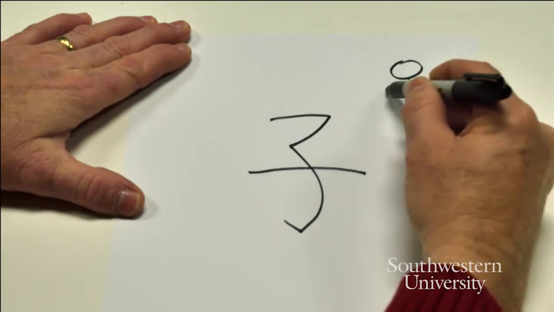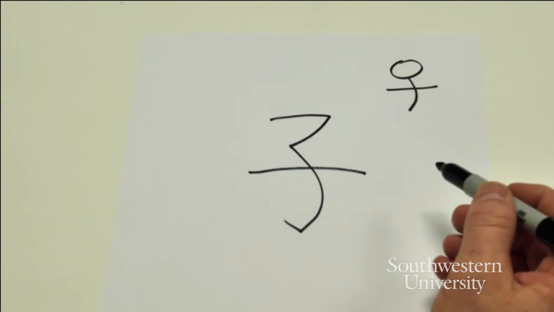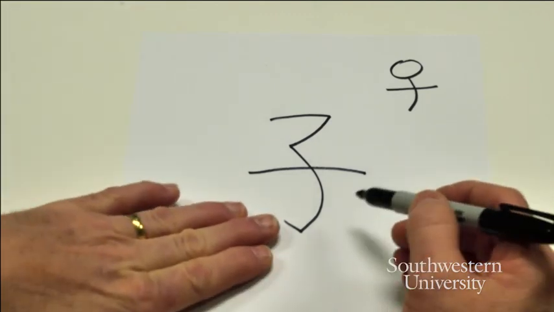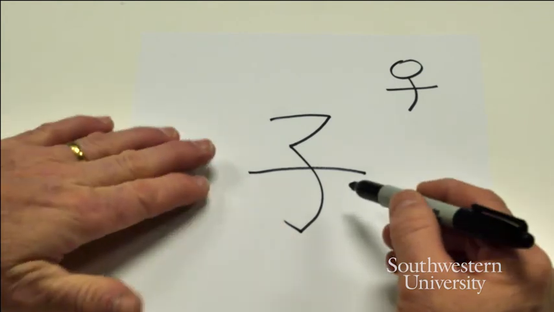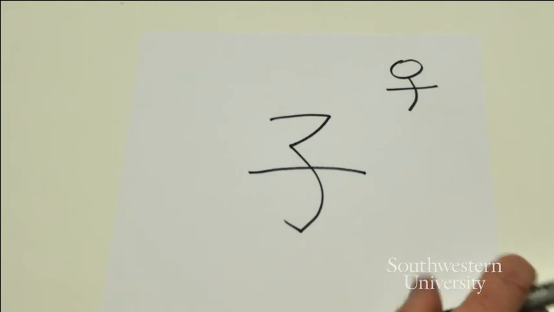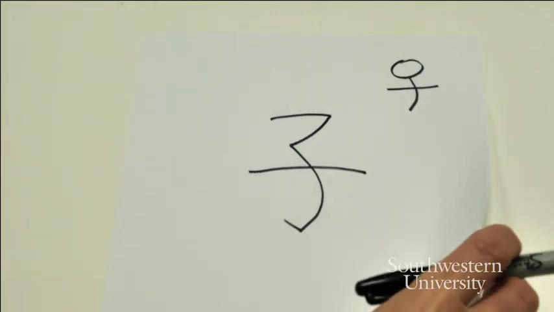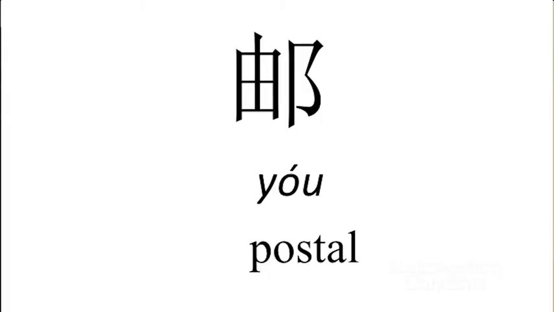I guess most originally it meant a child, a baby. And by extension, it came to mean all kinds of things. In modern Chinese, it is a common nominalizer, so it will make a noun of another word. It's a common suffix to put onto a word to make a two-syllable word.